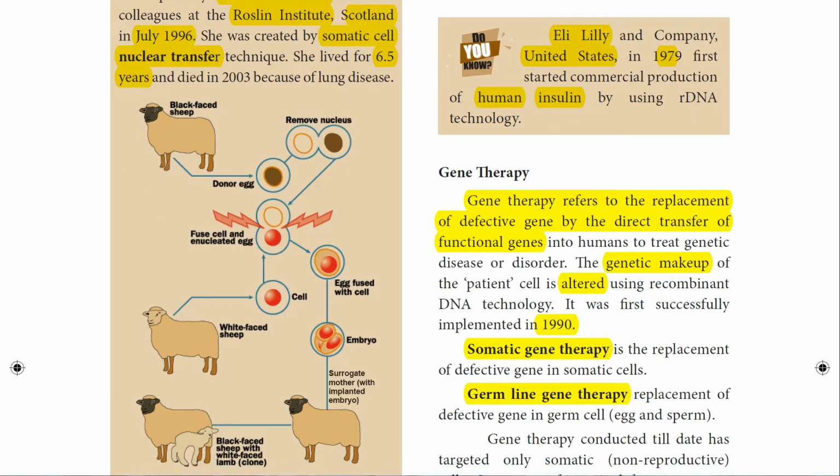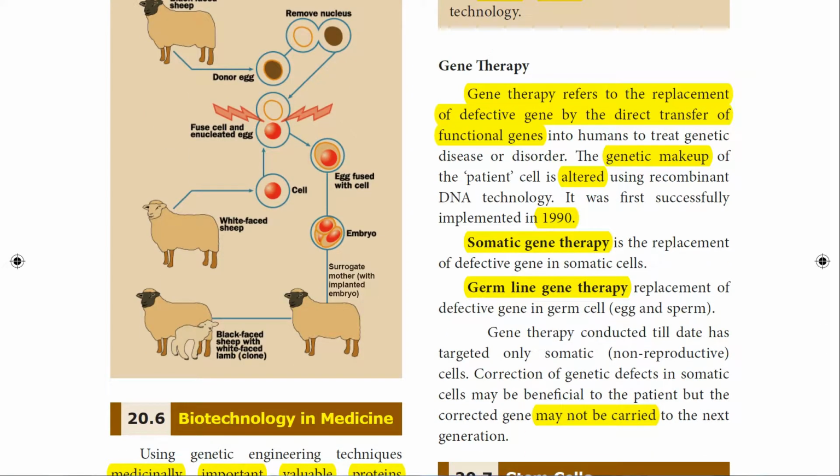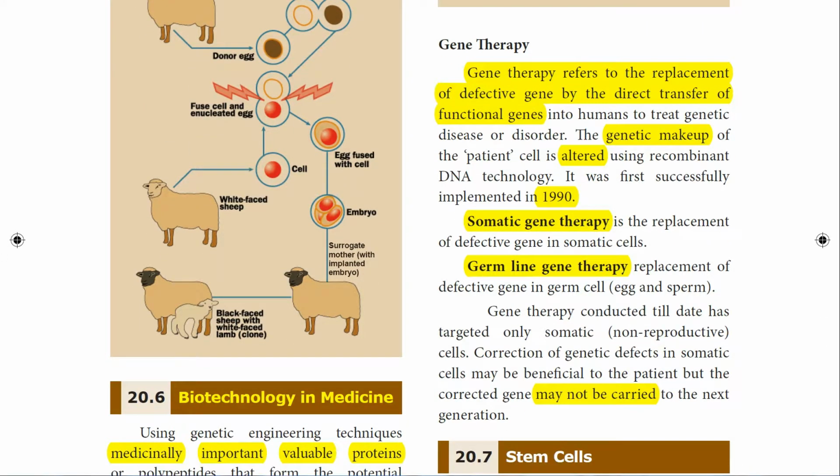Next we shall see what is gene therapy. Gene therapy refers to replacement of a defective gene by the corrective gene. So by transferring the correct gene for a defective gene, many disorders and diseases in patients are treated.